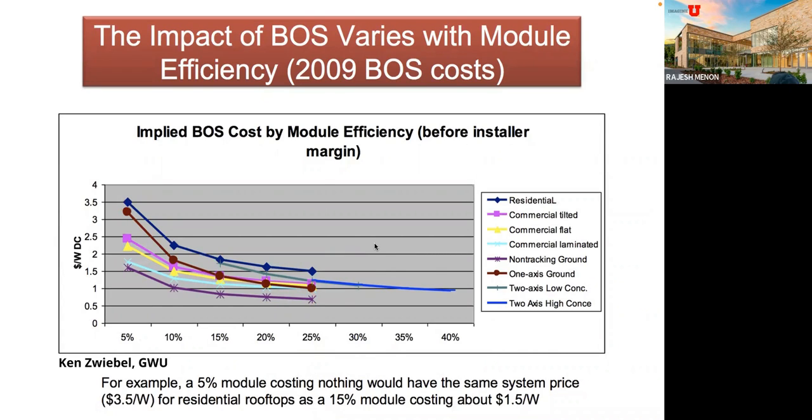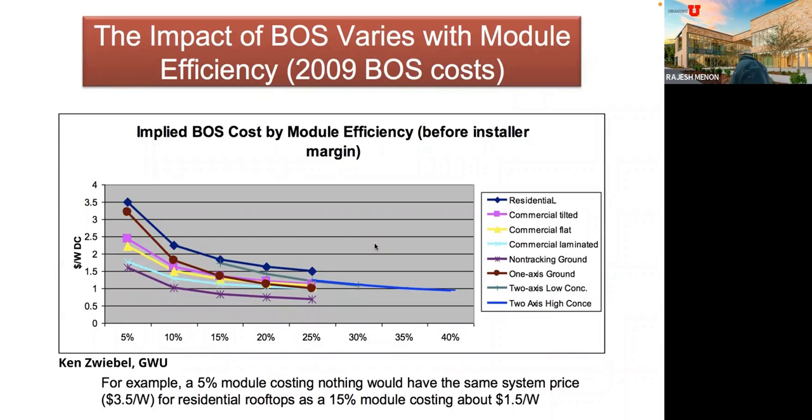If you're taking a very simple example of a 5% efficient module, very low efficiency, and let's say you give it away for free, okay, it doesn't cost anything, that is equivalent, it has the same system electricity price of about $3.50 per watt, DC watt, as a 15% efficient module that you can charge, I forget the exact number, but something about $1.50 per watt.